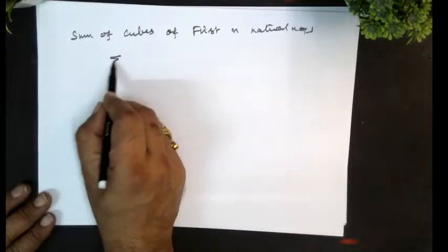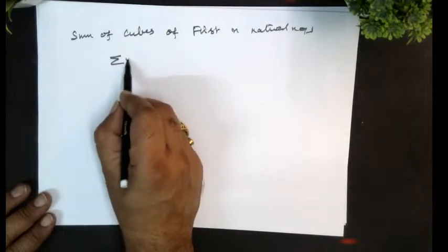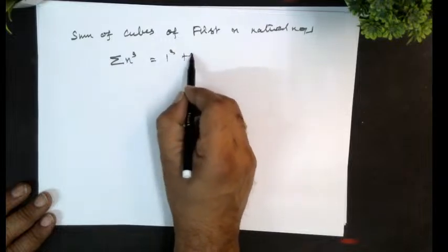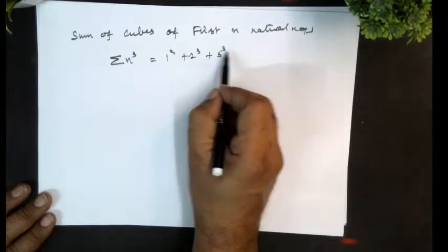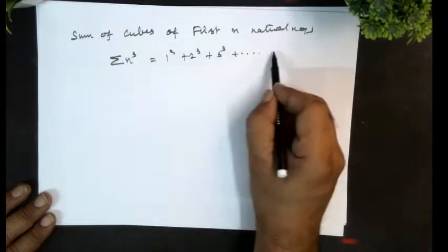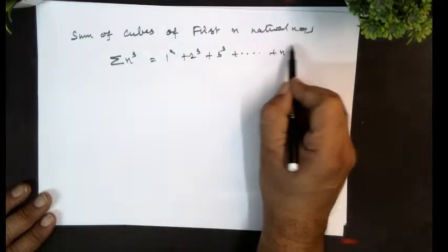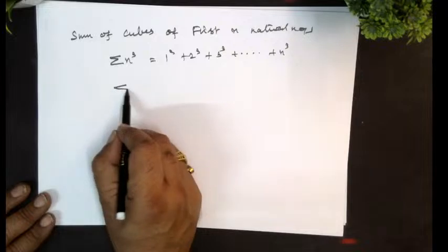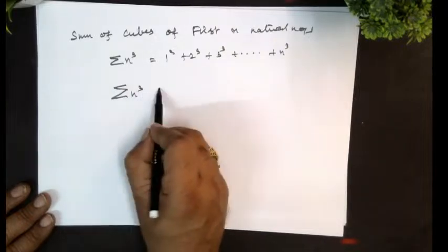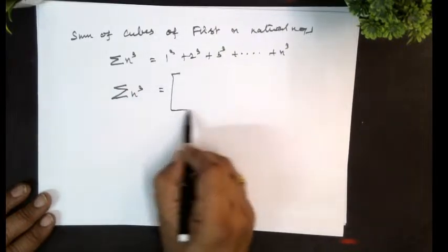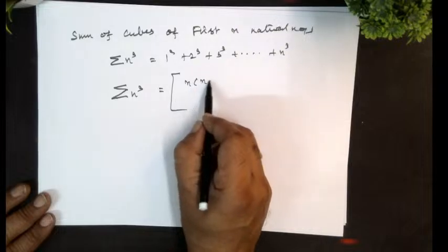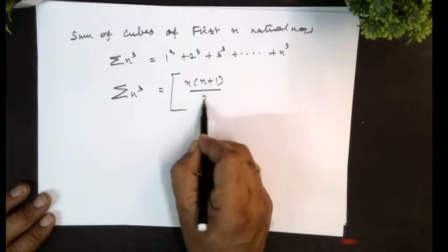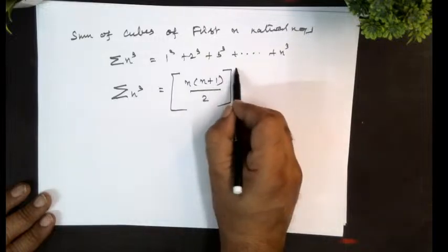That is summation sigma n cube is equal to 1 cube plus 2 cube plus 3 cube plus etc. We almost played with these numbers. So the sum of n cube is given by n into n plus 1 divided by 2, the whole square.